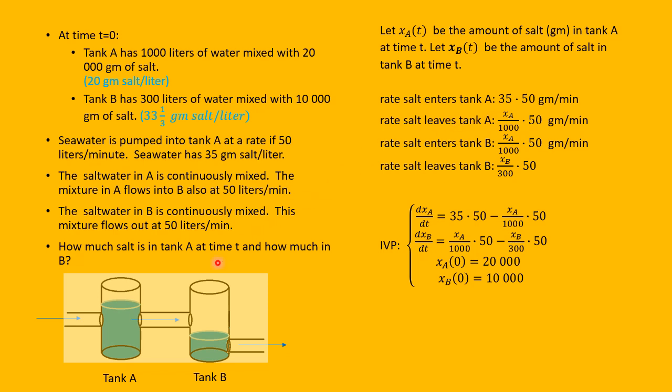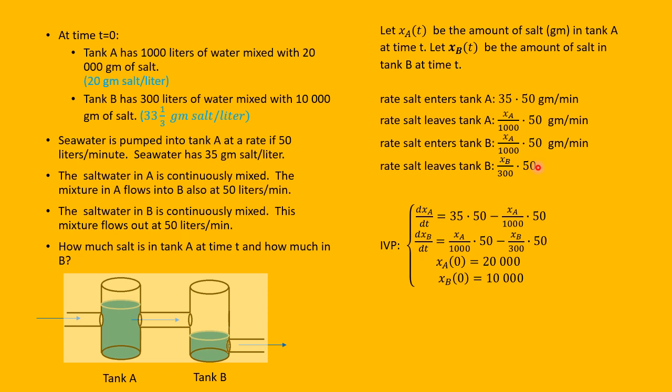Similarly, the rate salt leaves tank A is equal to the concentration of salt in tank A at time t, which is this thing, times the flow rate 50. The rate salt enters tank B is the same thing because the rate that salt leaves tank A is also the rate that salt enters tank B. Same thing.